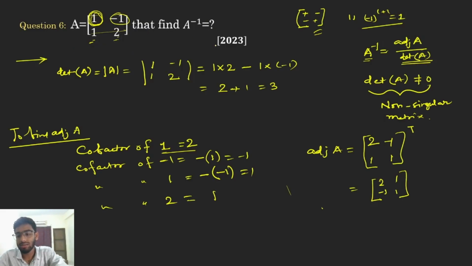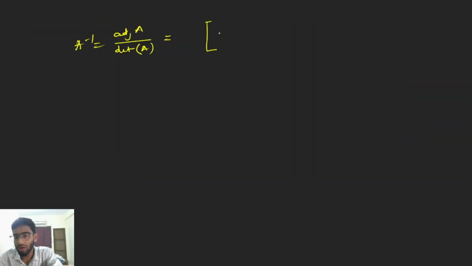Now what is A inverse? A inverse is actually adjoint of A by determinant of A. So how to calculate? Our adjoint of A is 2 1 minus 1 1, and our determinant is 3.